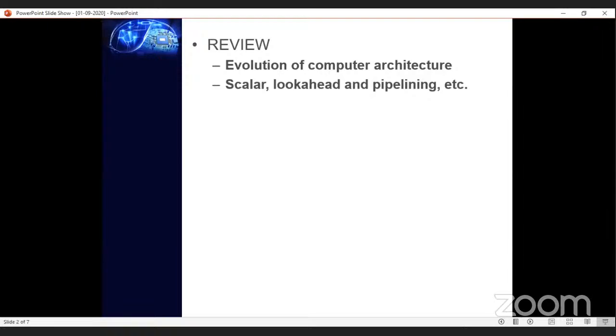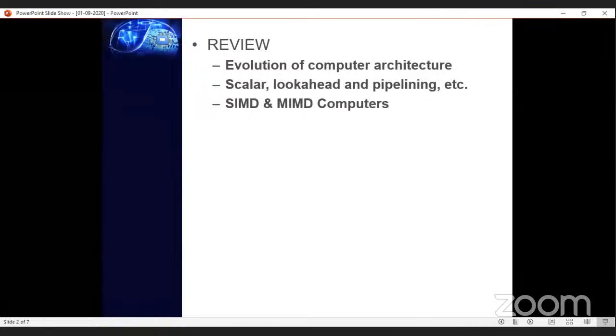Thereafter, one by one, the concept of parallelism, parallel processing, was developed with the techniques like look ahead and pipelining that we have seen.